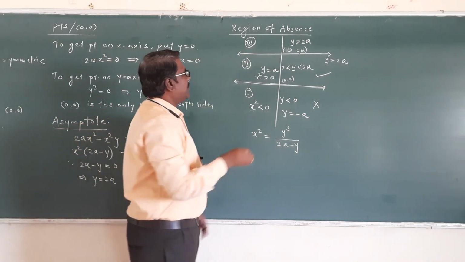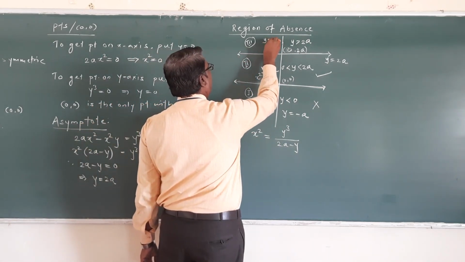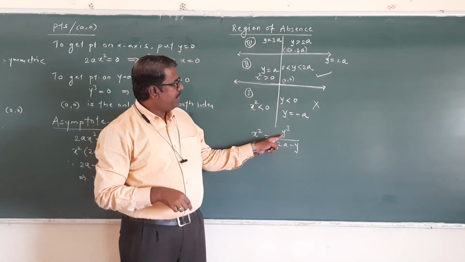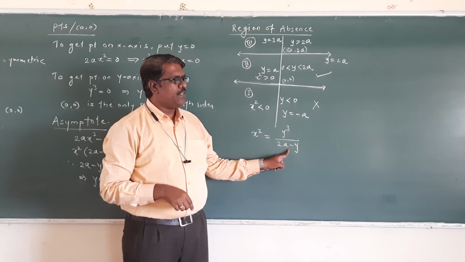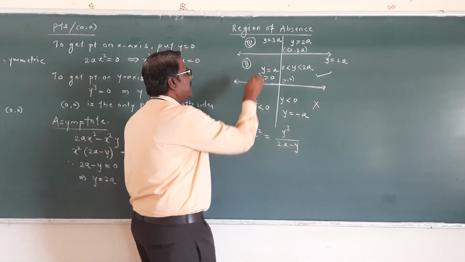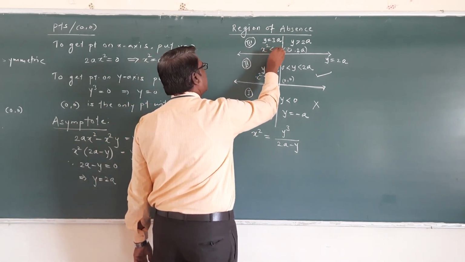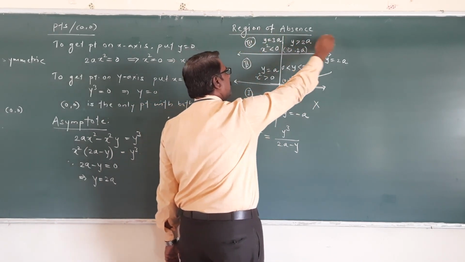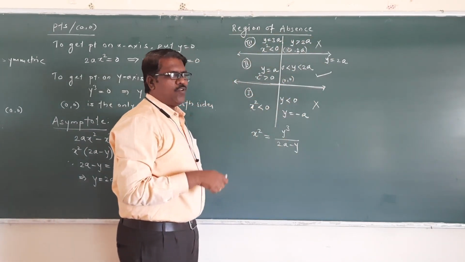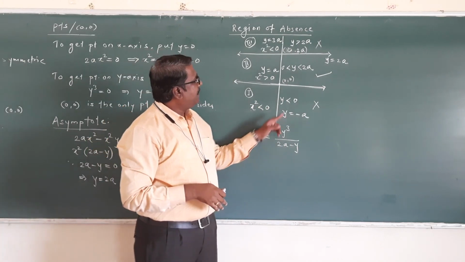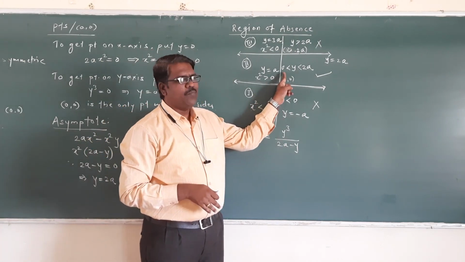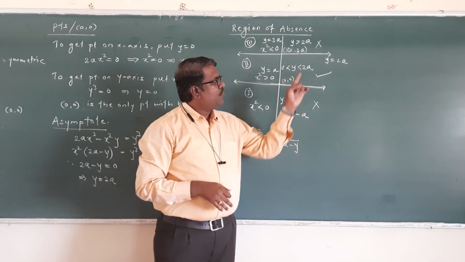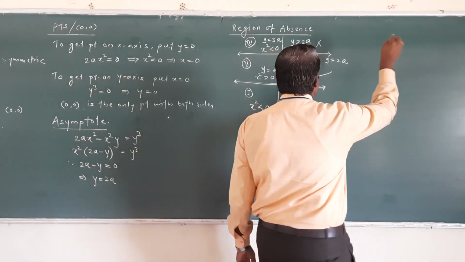In the third partition, we will choose y as 3a, and when y is 3a, the numerator is positive, the denominator is negative, so x square is negative, and as x square is negative, the curve is absent in this whole third partition. So the curve is present only in one partition, and that is the middle partition. Is it understood? Now we will go to the next point, that is the shape of the curve.